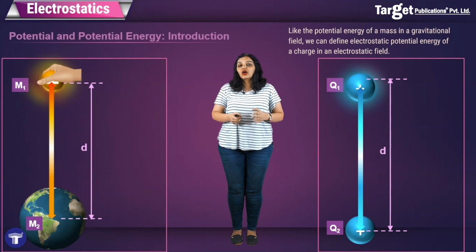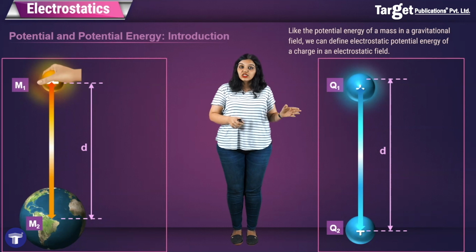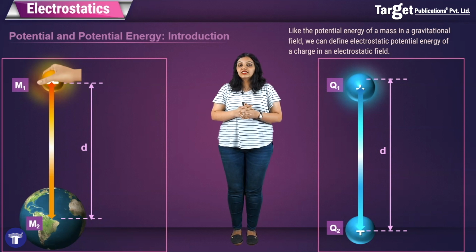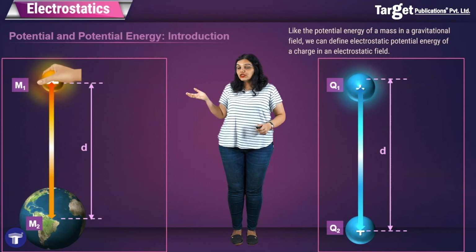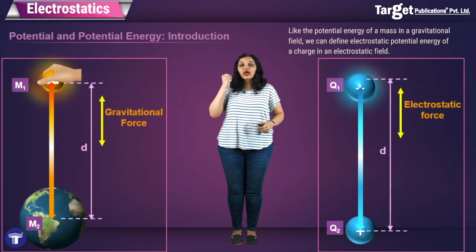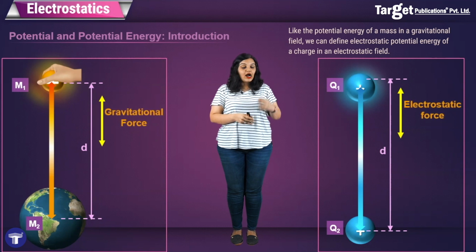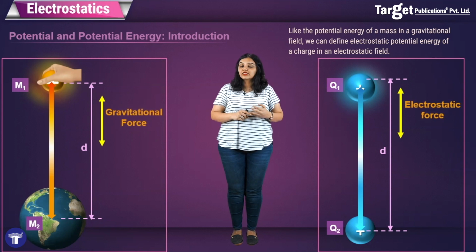Similarly, there is also the concept of the electrostatic potential energy in the field of electrostatics. Here you can see, instead of the two masses, we have two charges separated by a distance d. In gravitation, you had the gravitational force which was acting towards each other because the gravitational force is always attractive. However, the electrostatic force can be attractive or repulsive.